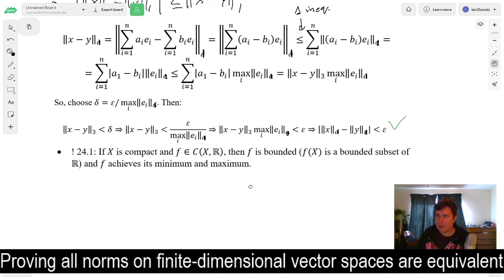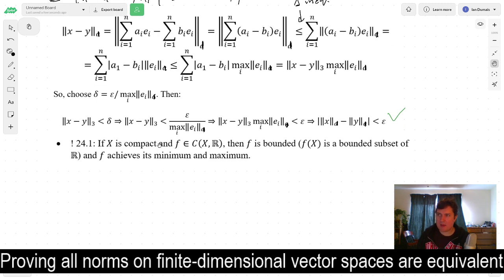Anyway, so if we have a compact set, get to that in a second, and a continuous function into the reals, which we do. Norm 1 we just showed is continuous. We're on step 4 now.